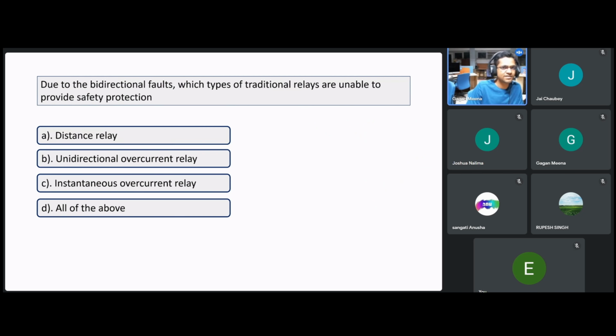This also we discussed that due to bidirectional faults, which type of traditional relays are unable to provide safety protection? Distance relay, unidirectional overcurrent, instantaneous overcurrent, or all of the above.